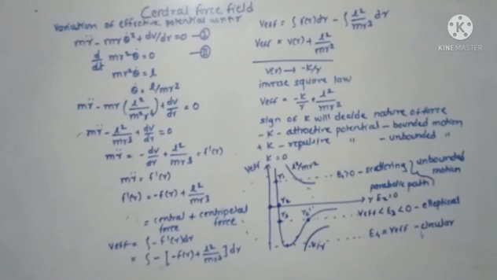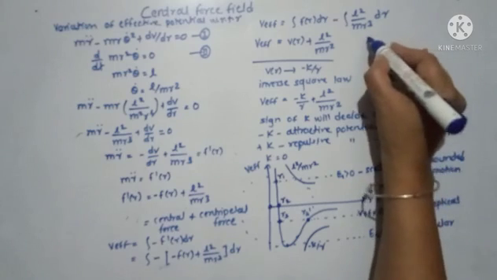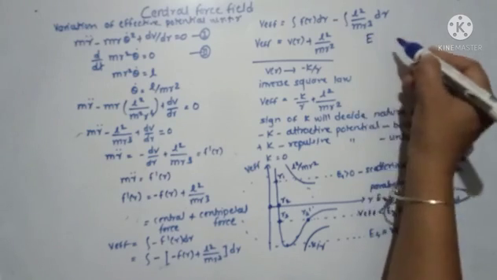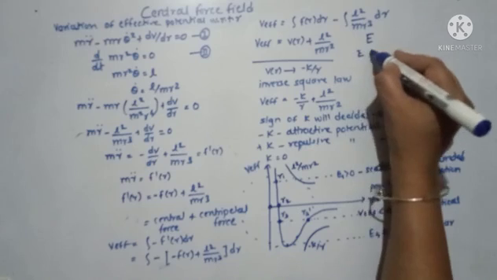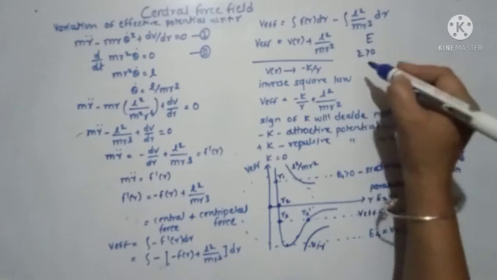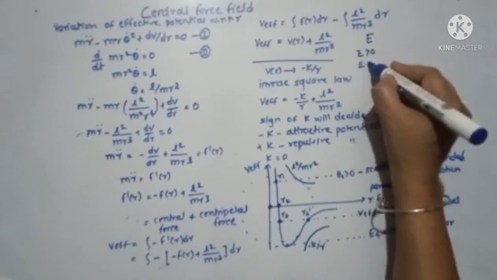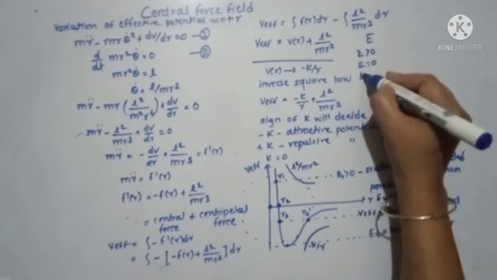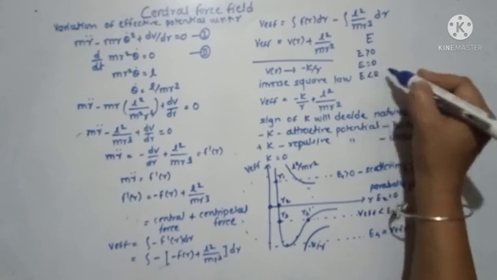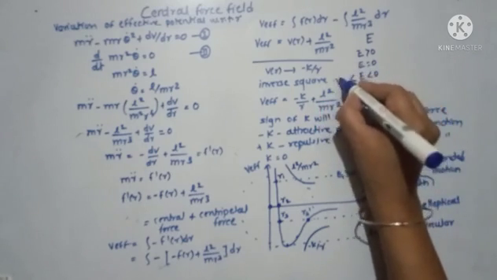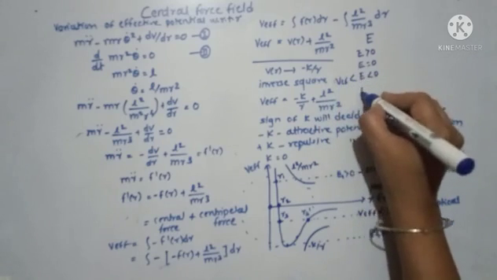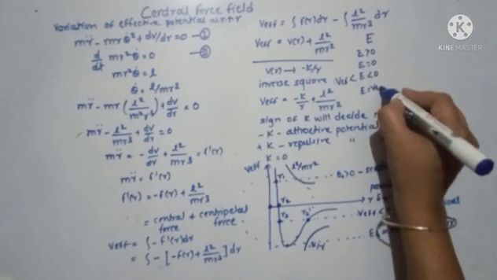We can write it in a tabular form also. Suppose E is the energy of the particle, so I can have four conditions: E greater than 0, then E equal to 0, E less than 0 but greater than V effective, and E equal to V effective.